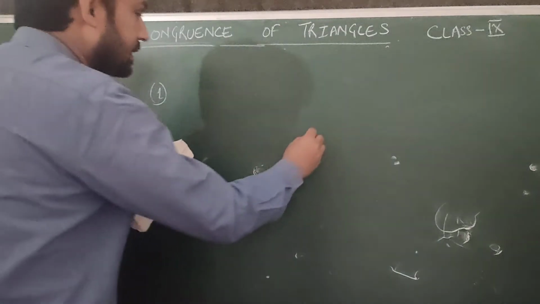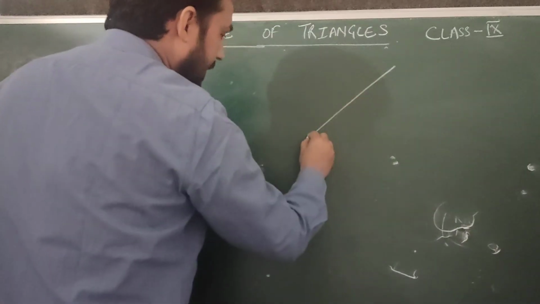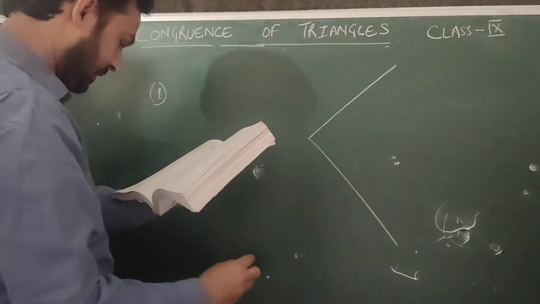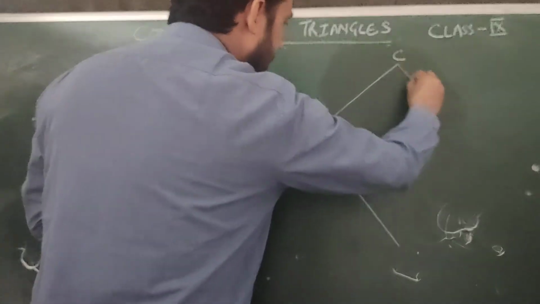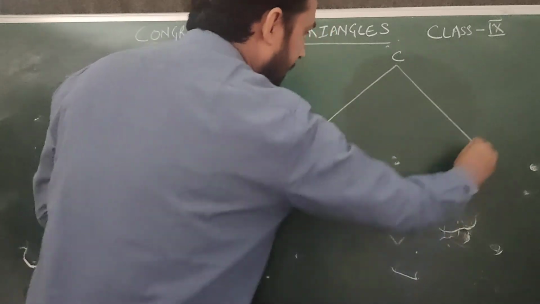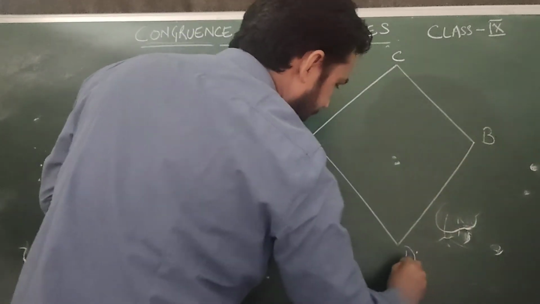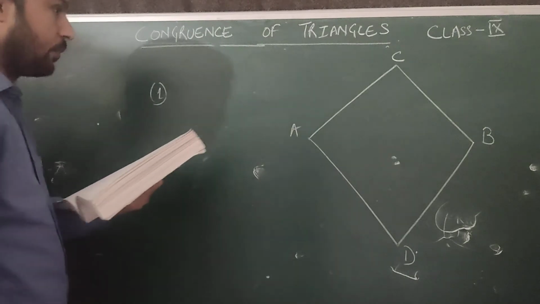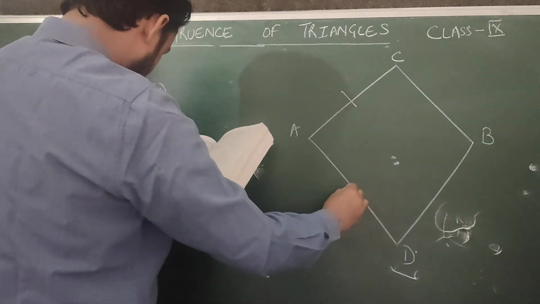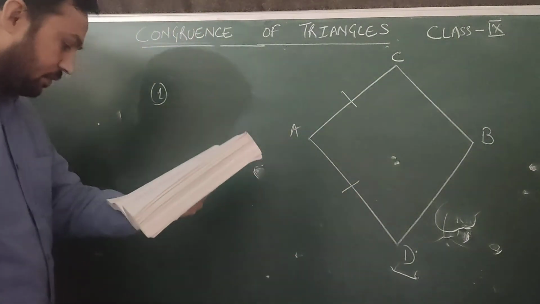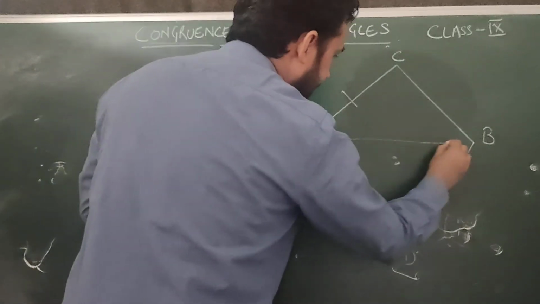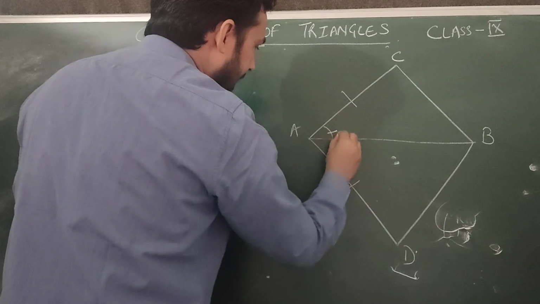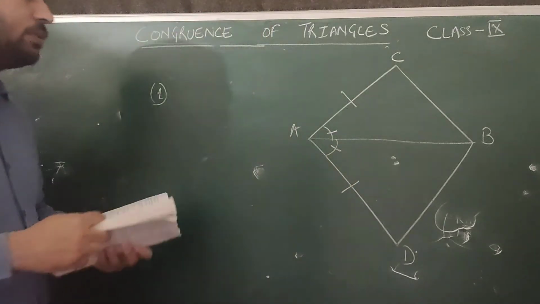Here in this question they are saying that there is a quadrilateral ACBD where AC is equal to AD. This is already provided to us, and the line segment AB bisects angle A. So we should know a few things from before.